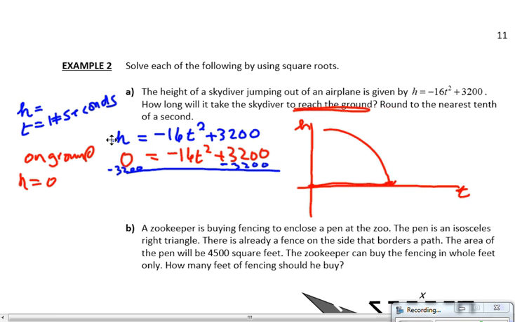So we're going to get negative 3,200 is equal to negative 16 t squared. Then we'll divide both sides by the negative 16 and get that t squared is going to be equal to positive 200. Then we'll take the square root of both sides. So I'll come over here and do that in green over here.